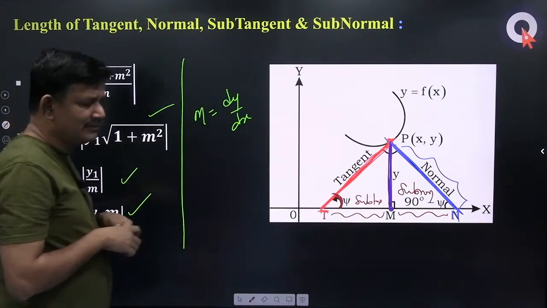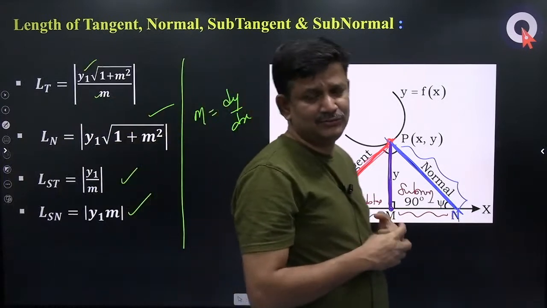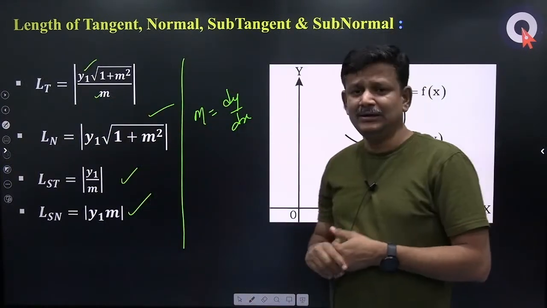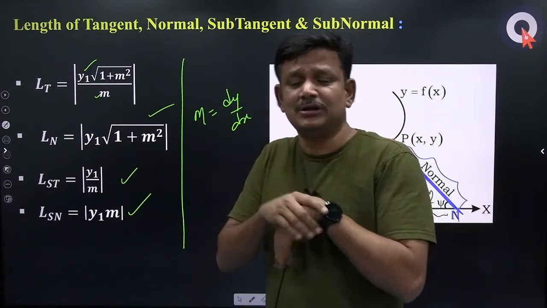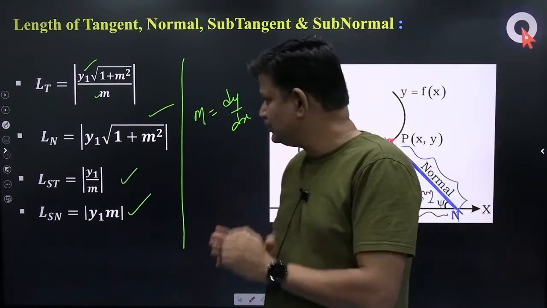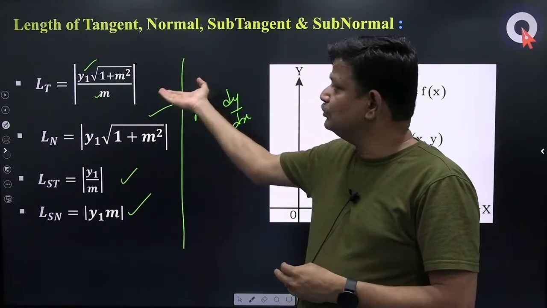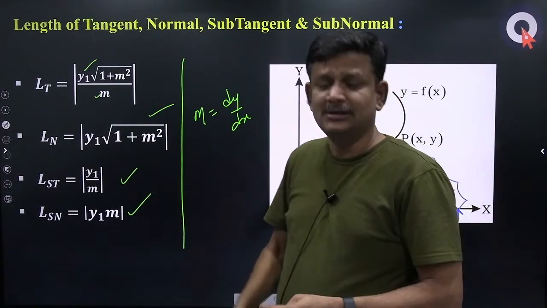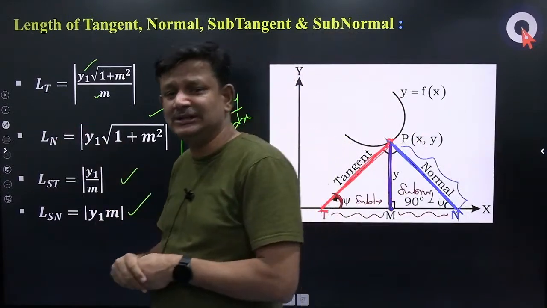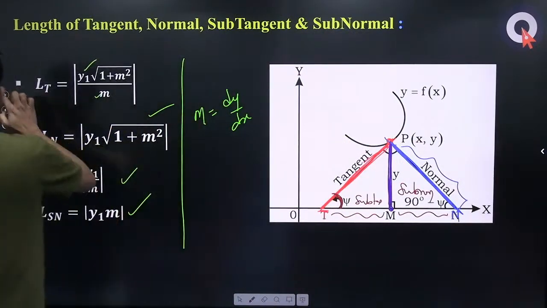Don't bother about the derivations. Remember all these four formulae. They will be very handy. The question can come directly in application of derivatives or with a combination of differential equations. So question can be, there is a curve whose length of the tangent is 2 times the length of the subtangent. Then you will form a differential equation, and from there you will be able to solve and find the curve.